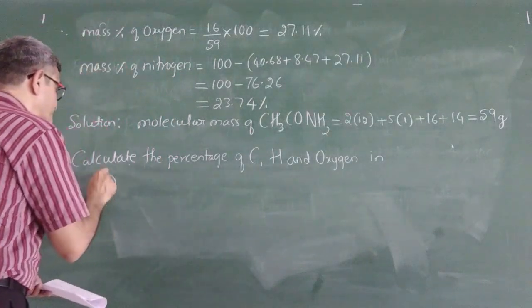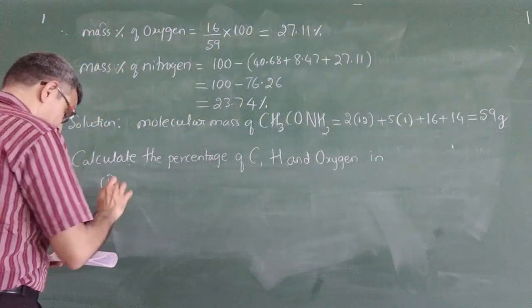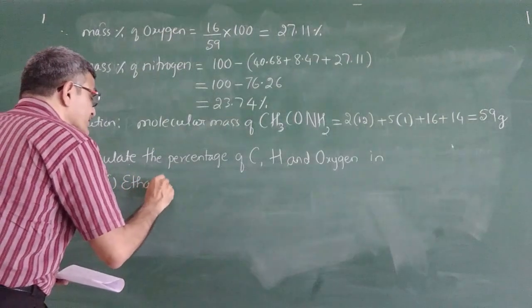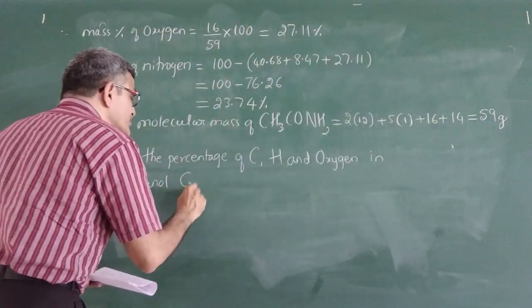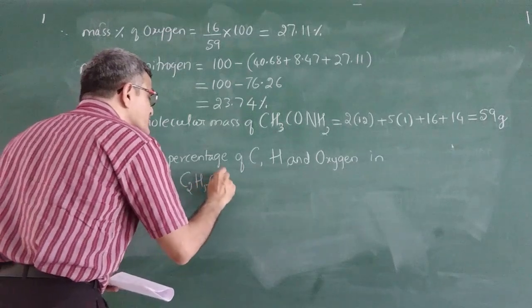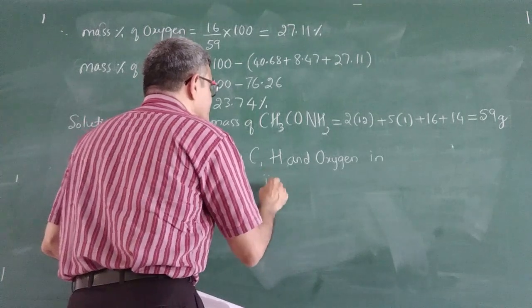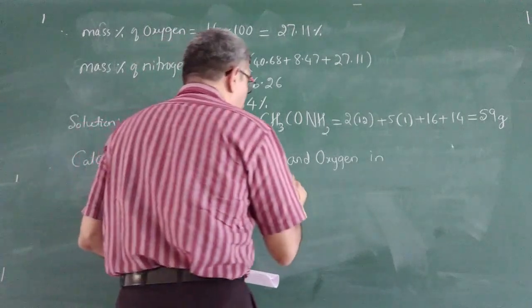First one, ethanol. Ethanol formula is C2H5OH. And the second one, water.